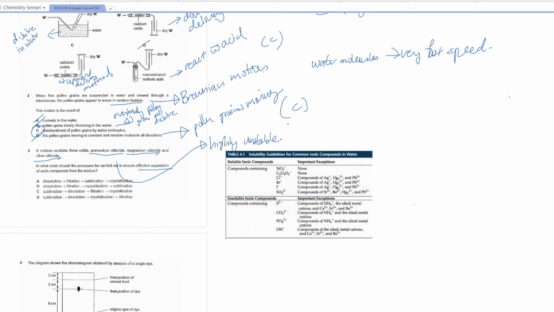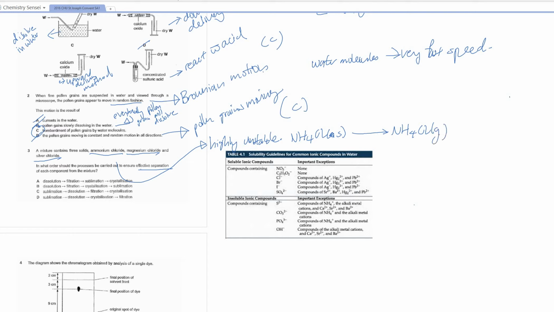It would undergo sublimation readily. Sublimation is the process of changing from solid state to gaseous state directly without going through the liquid phase.